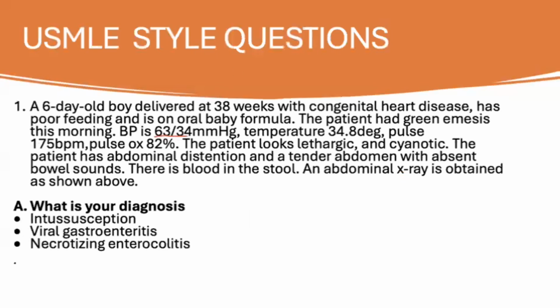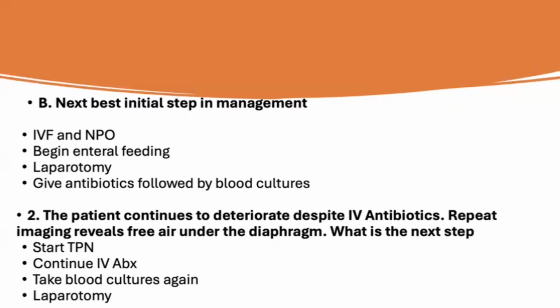Our main target here is to keep the patient perfused. So always make sure that the patient is stabilized. So we are going to give IV fluids and keep nil per os, because remember that under treatment, we emphasize that we need to keep the patient on bowel rest. The reason why enteral feeding is wrong is that we need to give the patient bowel rest, so nothing should go directly into the intestine.